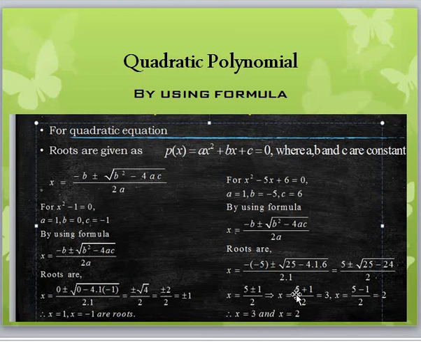That implies x = (5 + 1)/2 = 3, and x = (5 - 1)/2 = 2. Therefore x = 3 and x = 2 are the roots of this polynomial.